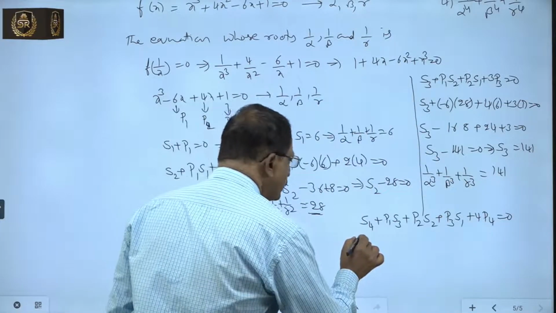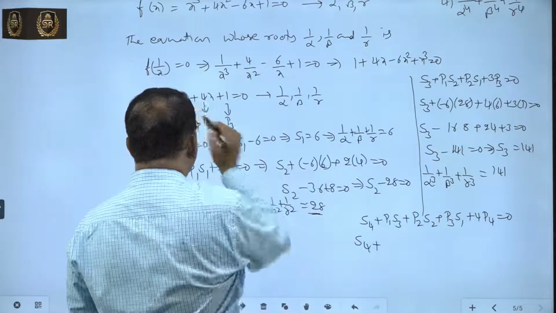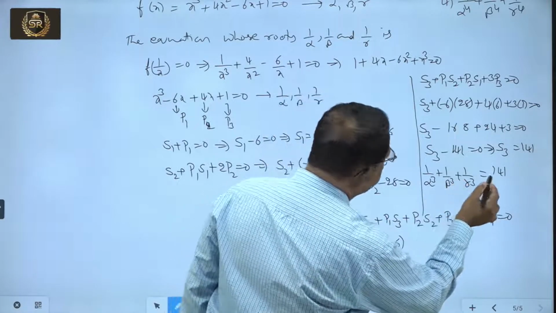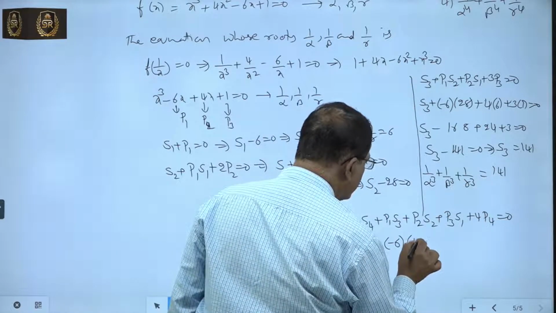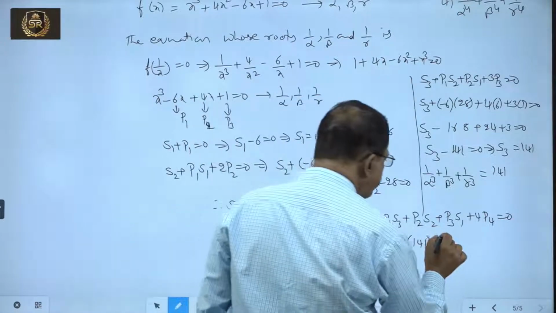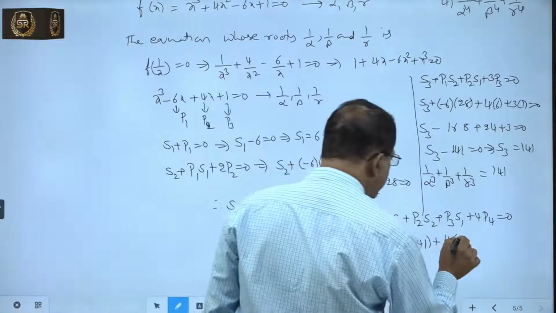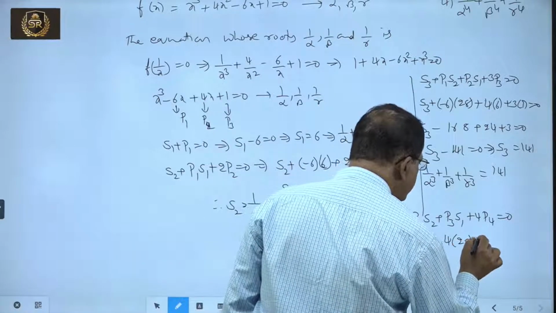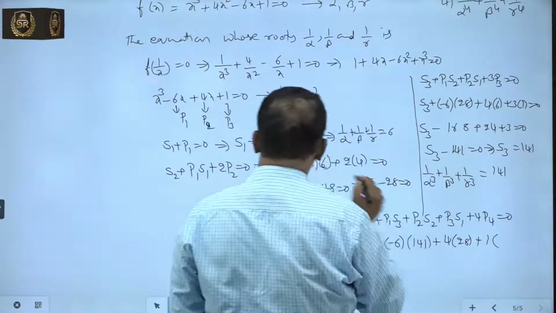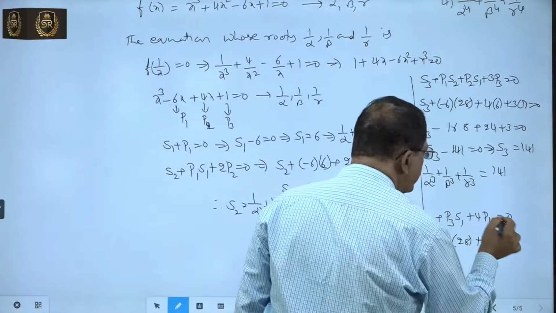Now S4 plus P1 equals minus 6 into S3, 141, plus P2 equals 4 into S2, S2 equals 28, plus P3 1 into S1, S1 equals 6, P4 0.